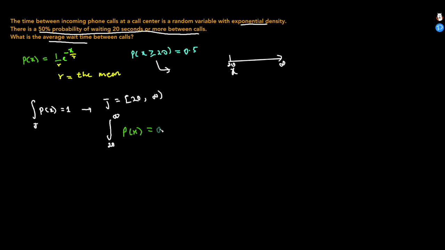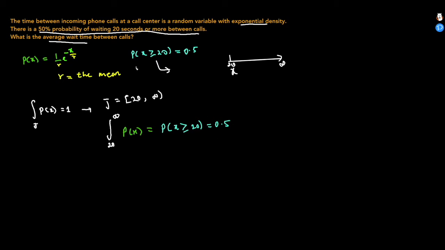So I'm just going to say the probability that x is greater than 20 equals 0.5.